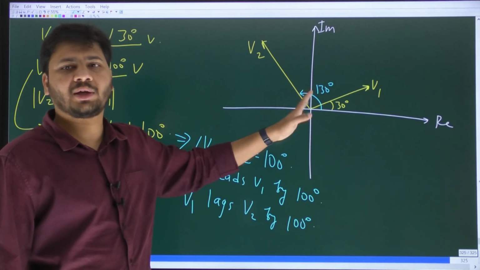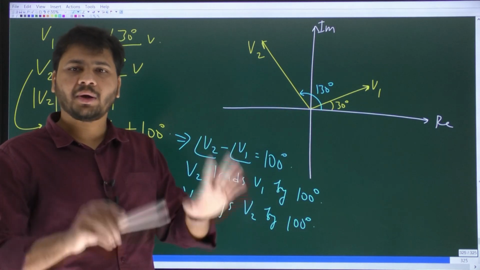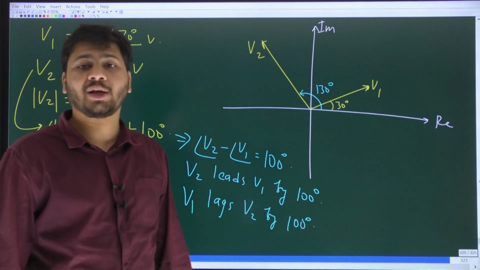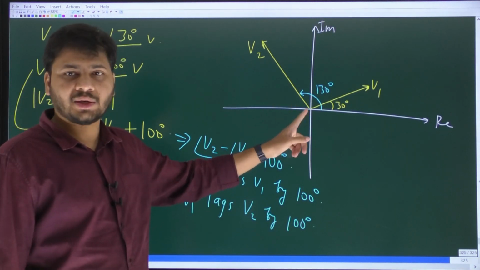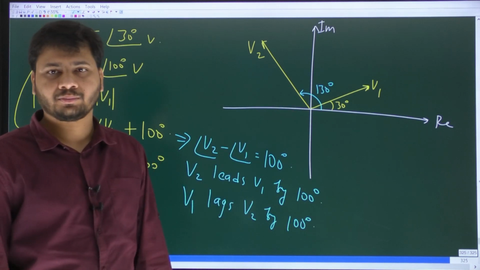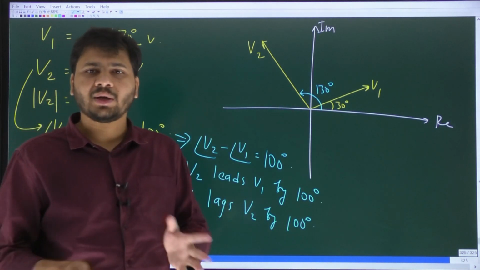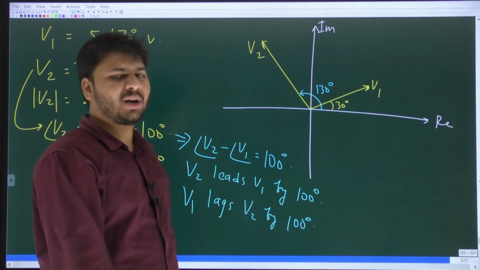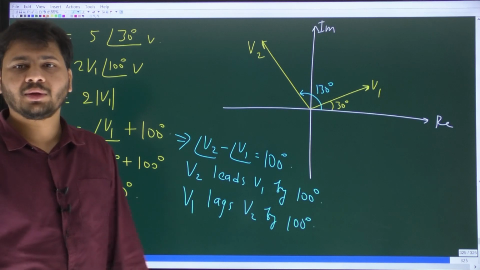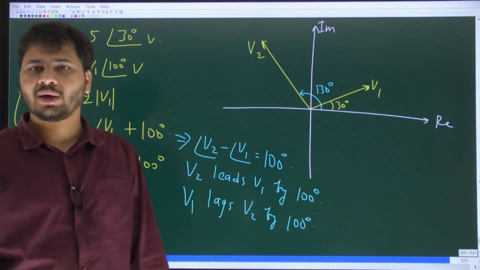Because both phasors are present in the same diagram, V1 and V2 are definitely going to be at the same frequency. If they are not at the same frequency, do not represent them in the same diagram. You understood? So only that set of phasors which are at the same frequency can be represented on the complex plane to get the phasor diagram.